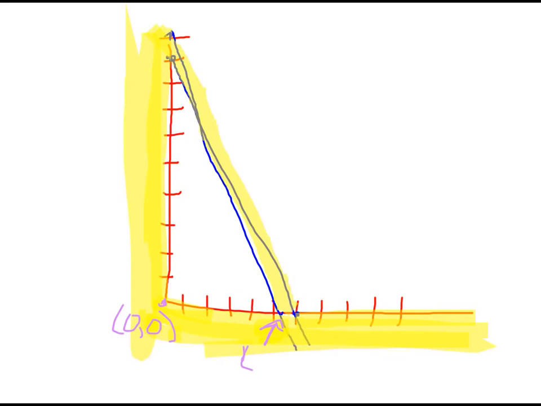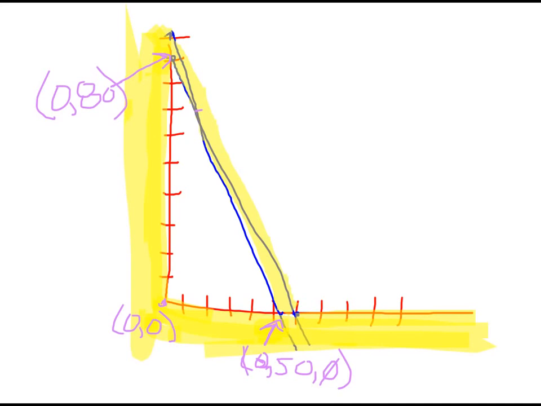This point here, tables equals 50, and chairs equals 0. We have this point right here where tables equals 0 and chairs equals 80.